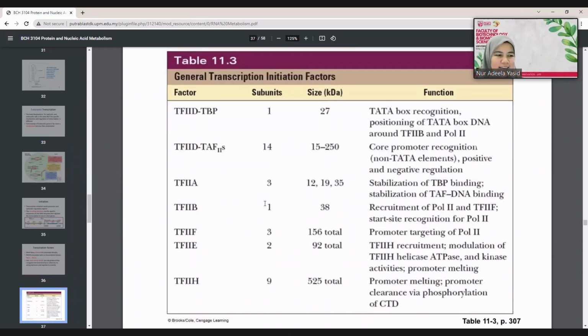Okay, so this is the table that tells you about the function of the general transcription initiation factors.